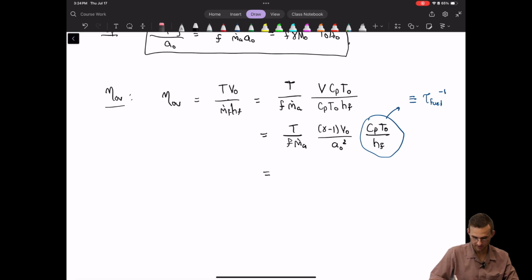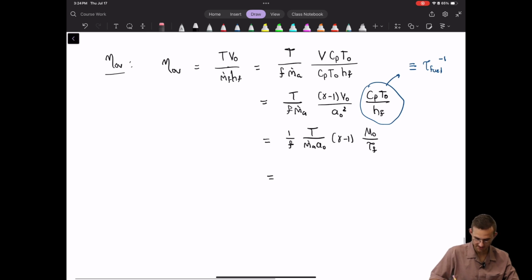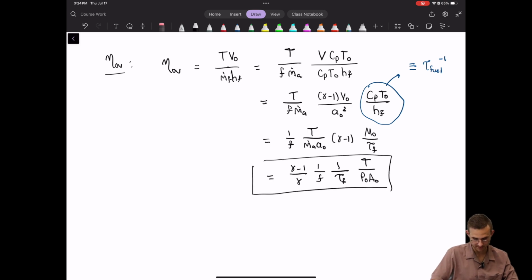So you have 1 over F times T divided by m dot A naught times gamma minus 1 times M naught over tau F, or tau fuel. And finally, for eta overall, you can write this as gamma minus 1 over gamma times 1 over F times 1 over tau fuel times T over P naught A naught. So that's writing the overall efficiency in terms of the non-dimensionalized thrust.